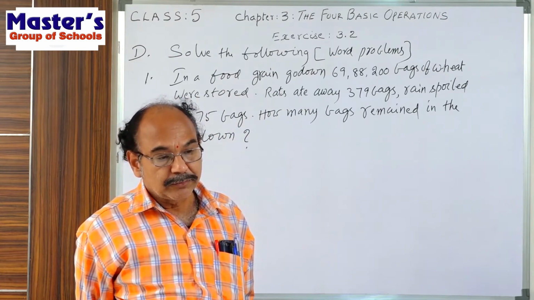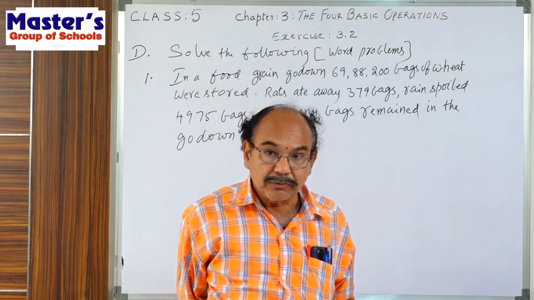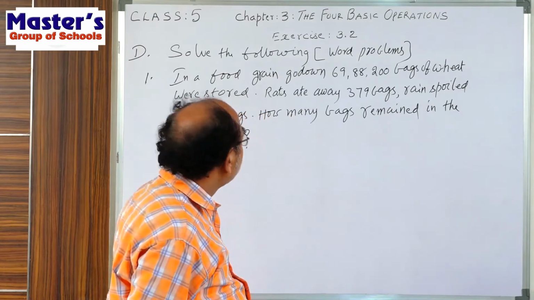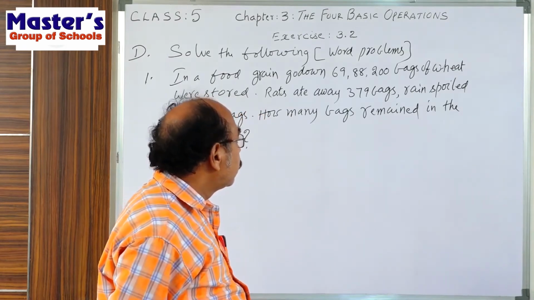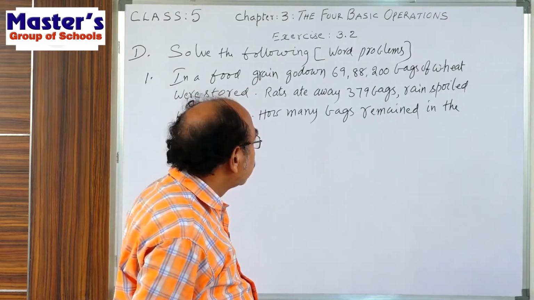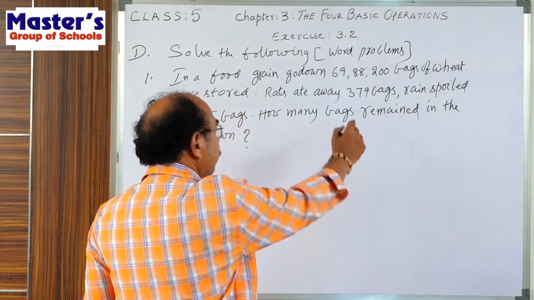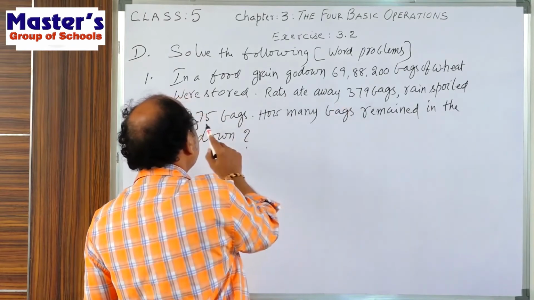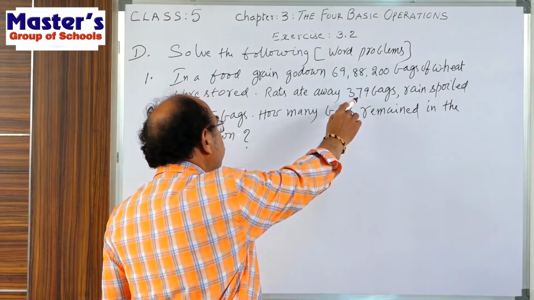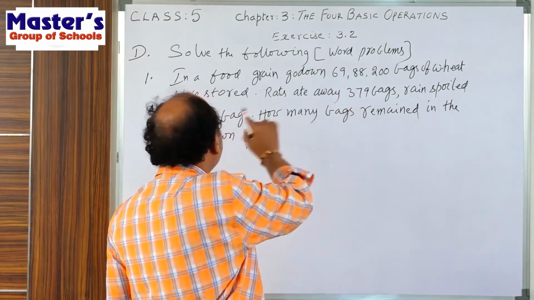Okay, children. So, to find the bags remained in the godown, what do you have to do here? The number of bags eaten by rats and the number of bags spoiled by rain, these two we add. Add 379 and 4,975. By adding these two, what do we get here?